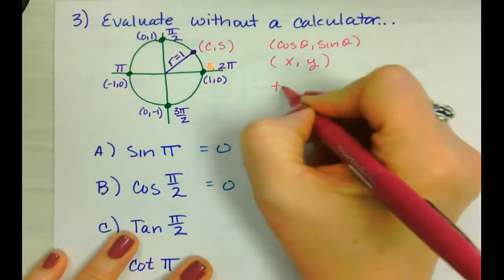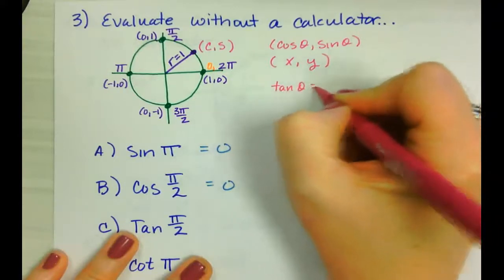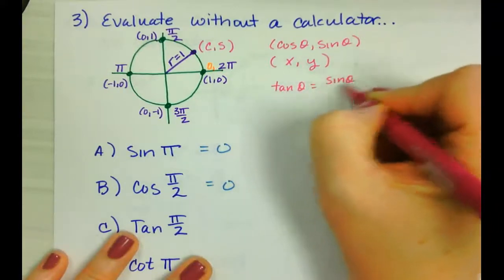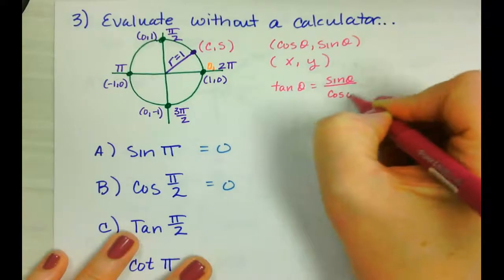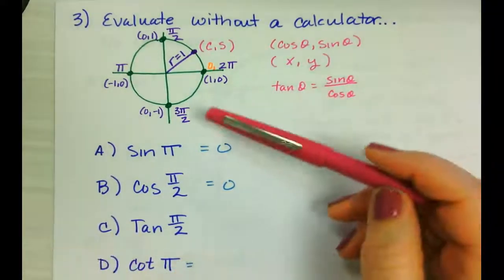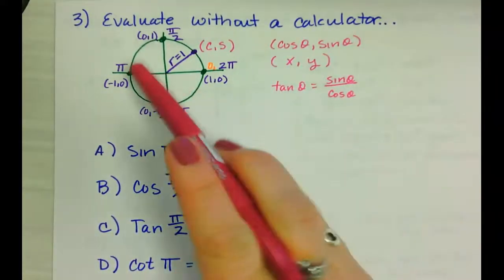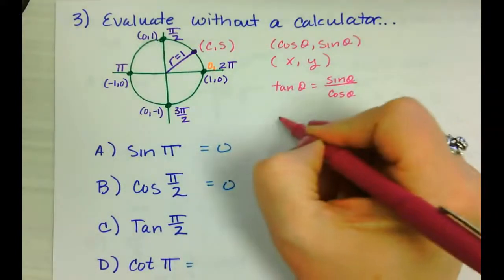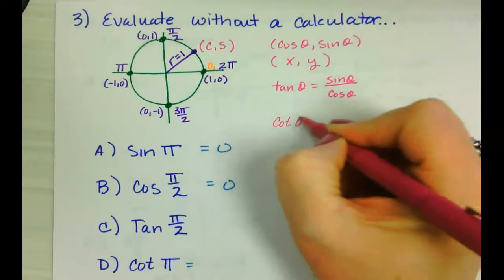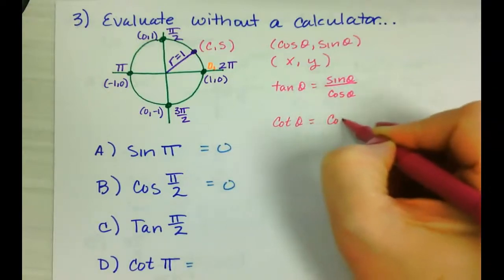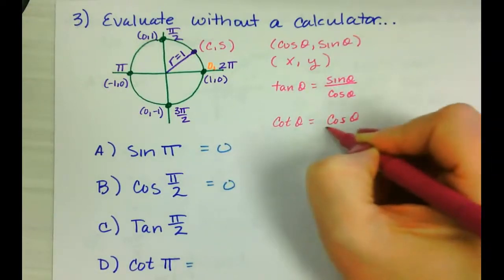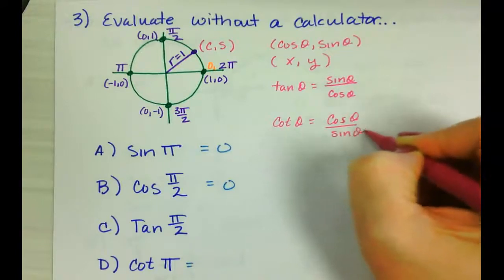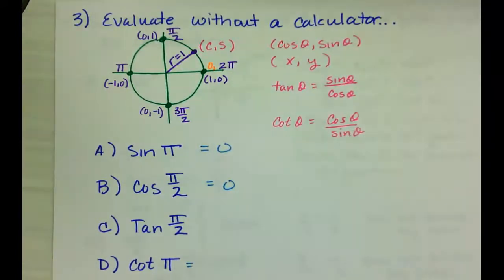So we know that tan of theta equals sine of theta over cosine of theta. So we can use the ratio of these two numbers. And then we can also use the quotient for cotan of theta, because we know that's cosine of theta over sine of theta.